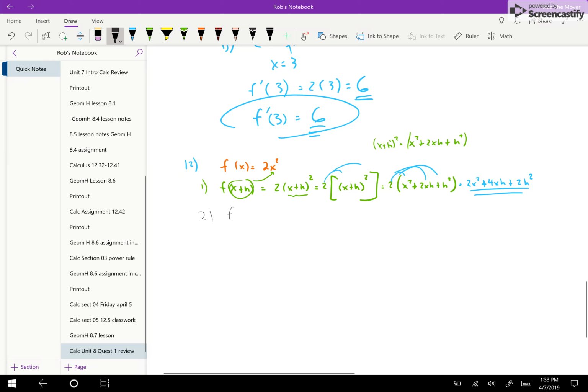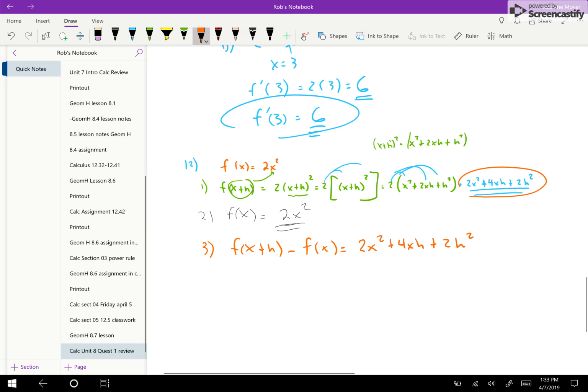Second step is to write out what f of x is. f of x is merely my 2x squared, which is nice. You see it's going to subtract out from the first line. Okay, third step, subtract them. So let me go ahead and write this out. 2x squared plus 4xh plus 2h squared.